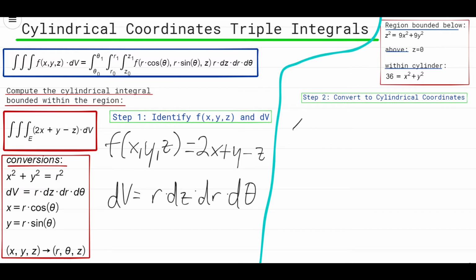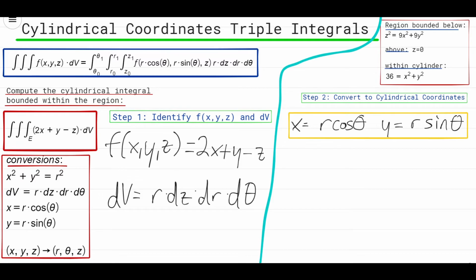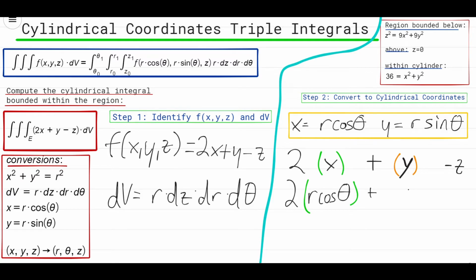So for our f of x, y, z, we know x is r cosine theta and y is r sine theta. So we know 2x plus y minus z becomes 2r cosine theta plus r sine theta minus z, and z is z for both x, y, z and cylindrical, so we're going to leave it as z.